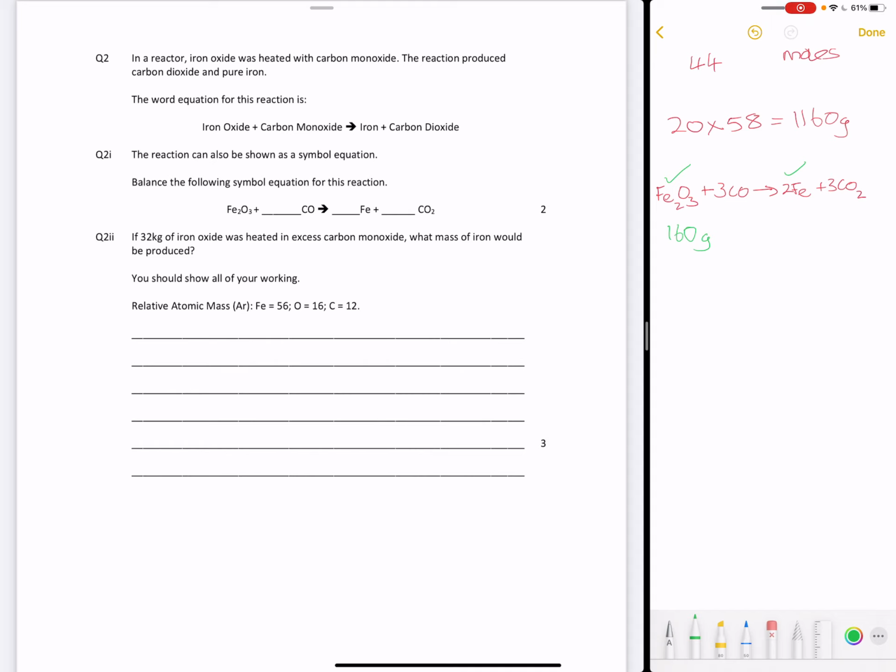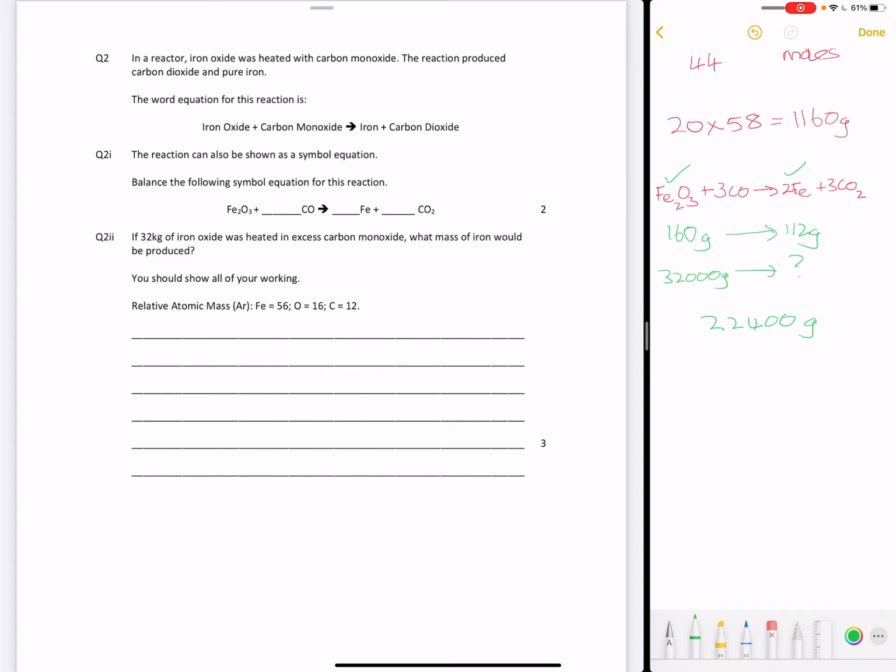And what you do get is 2 moles of iron, which is 2 times 56, which is 112 grams. But the question is talking about 32 kilograms, which is 32,000 grams, and it's saying how much of that is produced. So the answer there, you can work out, should be 22,400 grams.